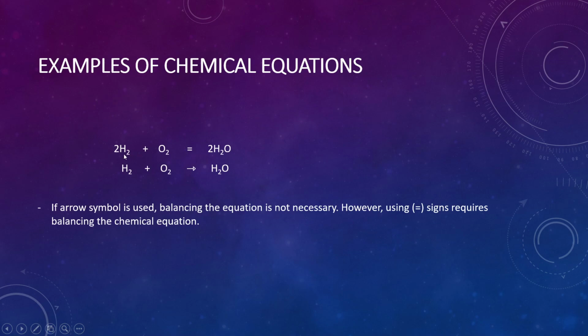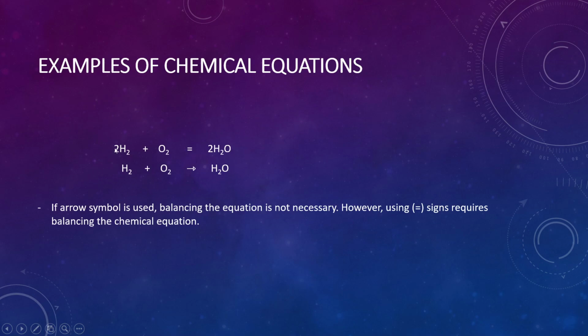But on the left side, the hydrogen was not balanced before, but after we put 2 on the left side of the hydrogen, it's balanced. So by this process we have to balance chemical equations.